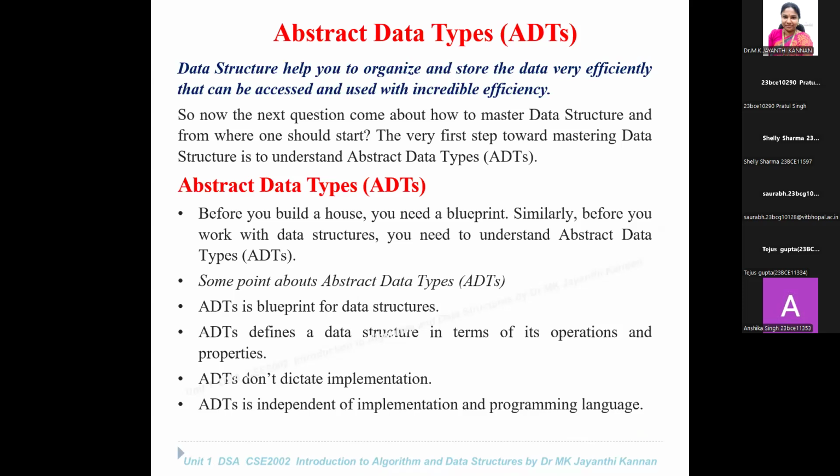If you take the definition part of abstract data type, abstract data structures help you to organize and store the data very efficiently. The data can be organized in the form of arrays, or in the form of linked list or stack, any data structure form, and we can store the data in the memory very efficiently so that it can be accessed.